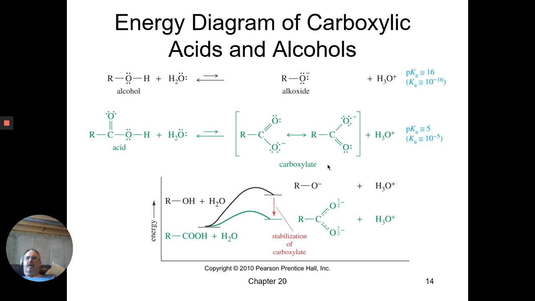Here we have an energy diagram for the dissociation of alcohols versus carboxylic acids. We can see that the activation energy is much smaller for the carboxylic acid because the carboxylate is fully resonance stabilized, whereas the alkoxide has no resonance stabilization.